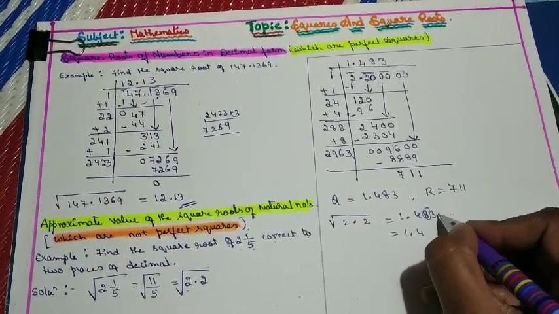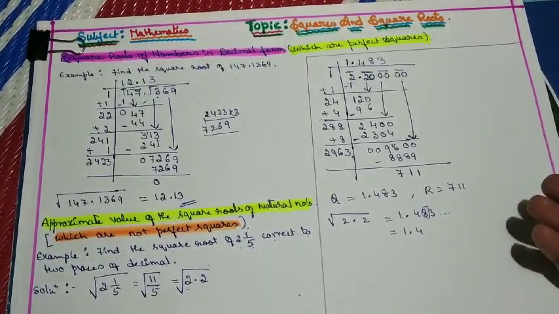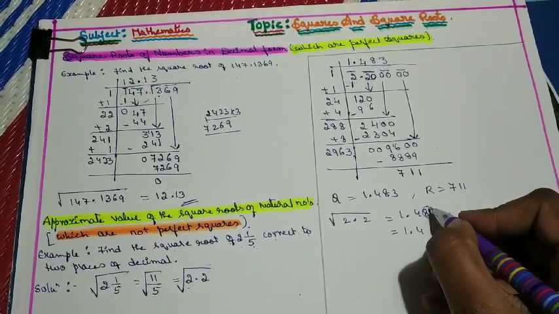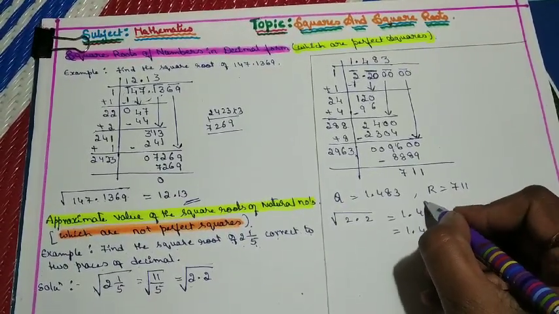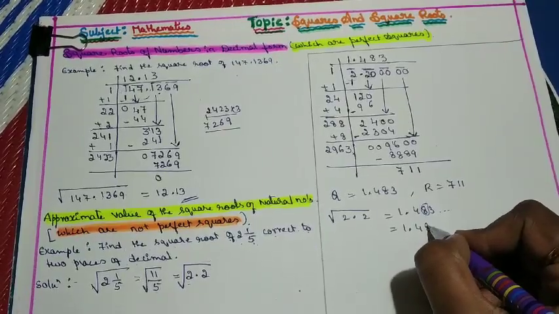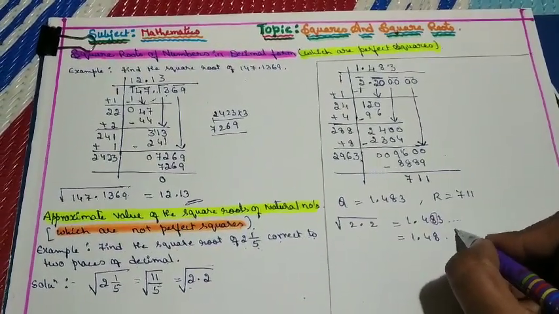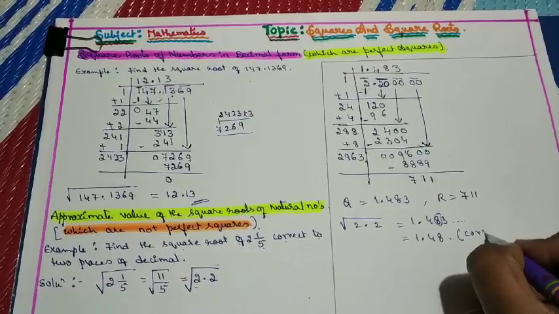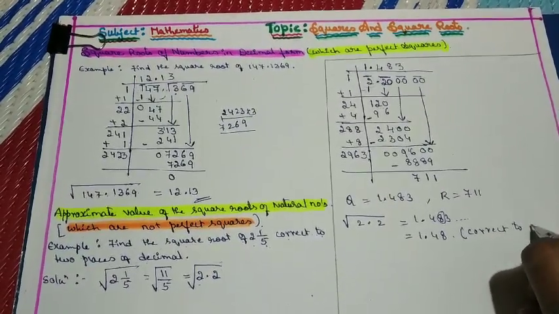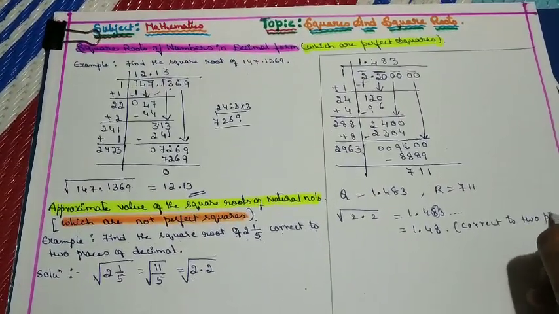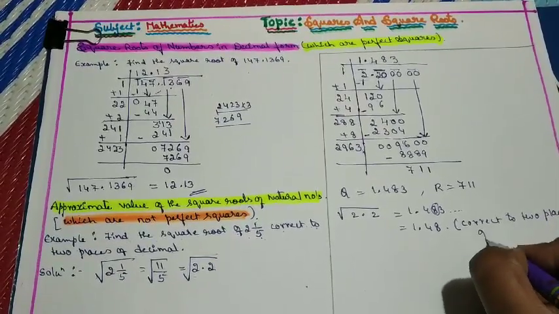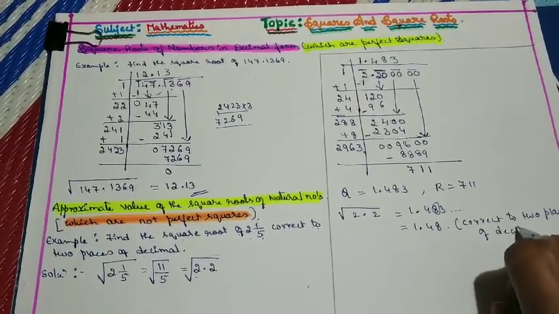But here in the third place I have 3. The 3 is less than 5, so no need of adding any number in the decimal place. Then it will remain as 8. Then this makes correct to 2 places of decimal.